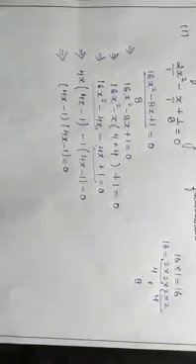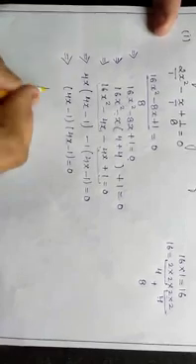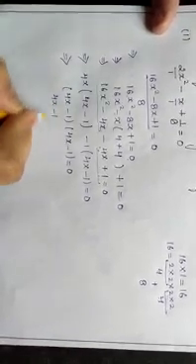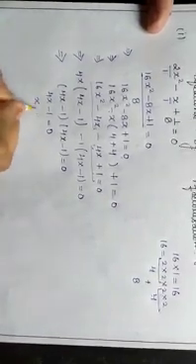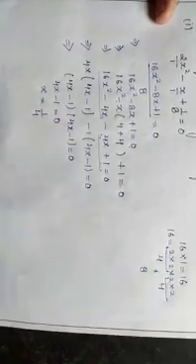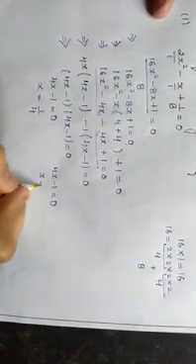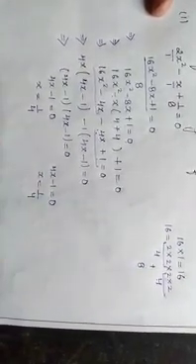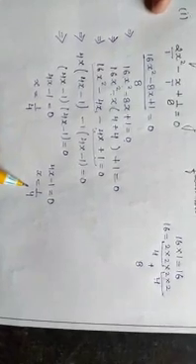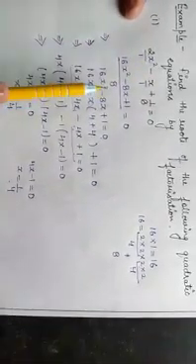Then I am going to find the value of x by taking 4x minus 1 is equal to 0. Then we get x is equal to 1 upon 4. Similarly, for the second expression 4x minus 1 is equal to 0, the value of x is also 1 upon 4. So these are the two solutions of the above quadratic equation.